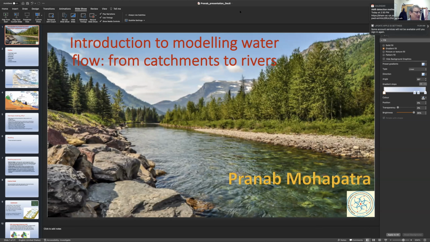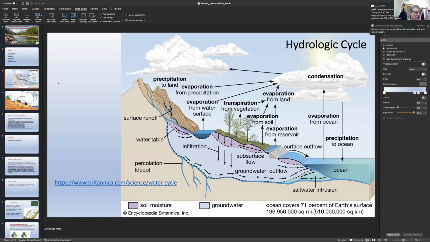So you have to imagine that in this water cycle that Pranab has shown at the beginning, the water flow is going to transport bacteria, whether they are resistant or sensitive to antibiotics, and it will transport chemicals and it will transport nutrients for the bacteria, whether they come from sewage or other sources.